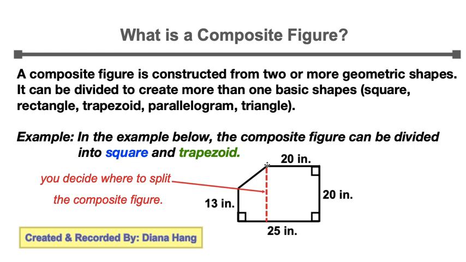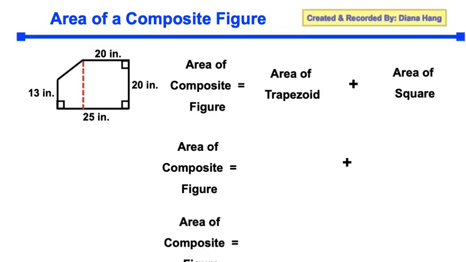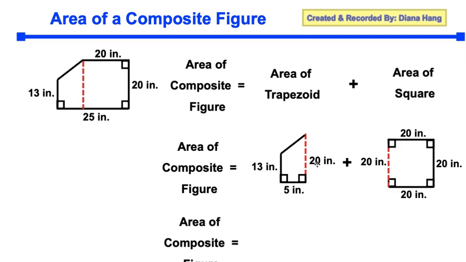Now we're going to look at how do you find the area of this composite figure. This picture is the same picture that we just talked about. So we're going to be using the area formula of the two basic shapes, a trapezoid and a square. What I did here was I took this composite figure and I divided it into a trapezoid and a square.